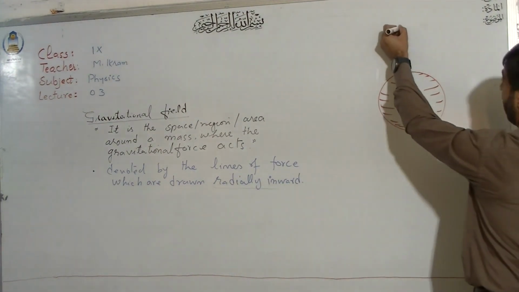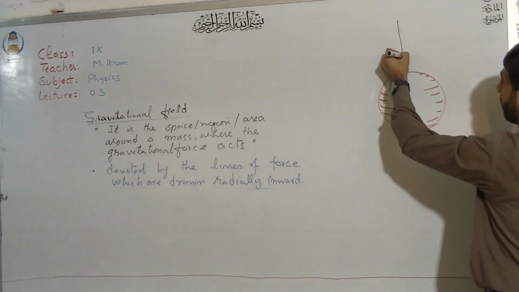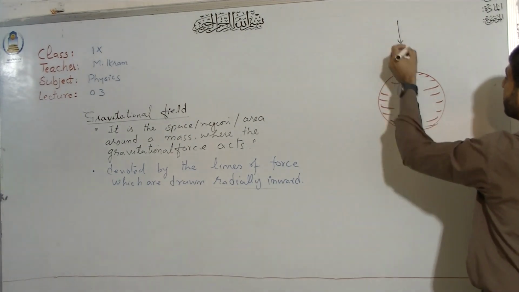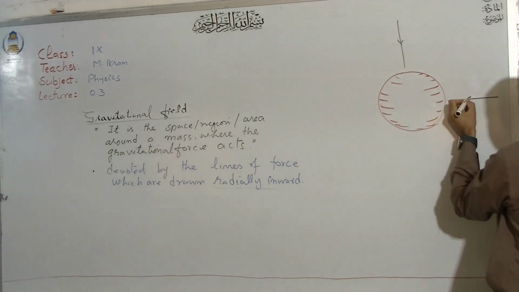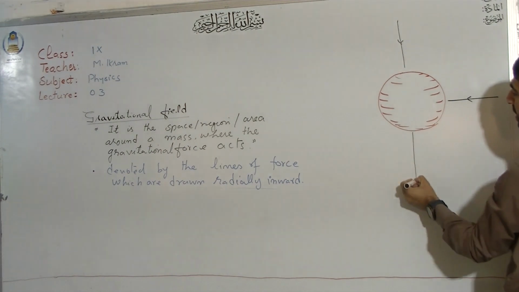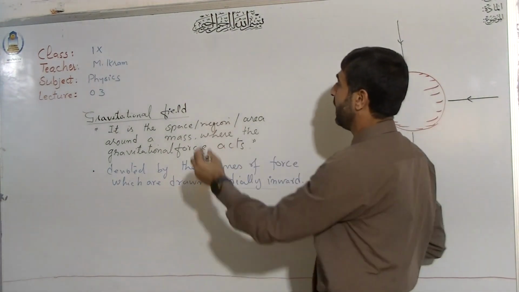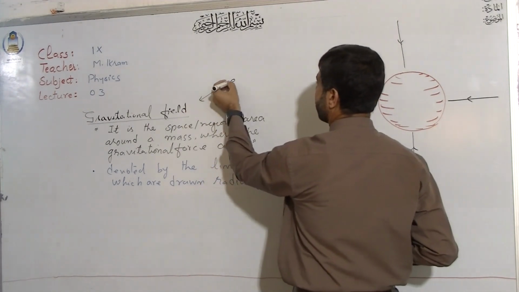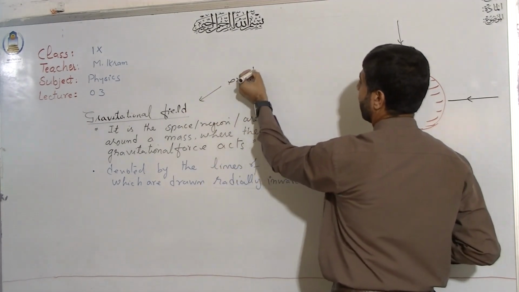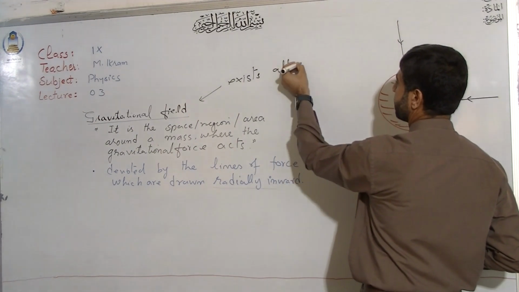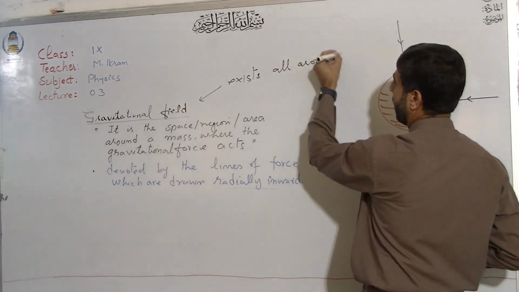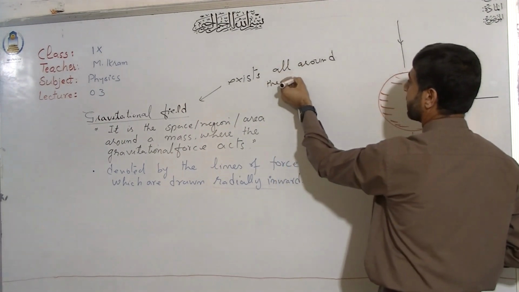Look, and why inward? Because these are the gravitational field lines. Since these lines, the gravitational field, in fact, exist all around the massive object.